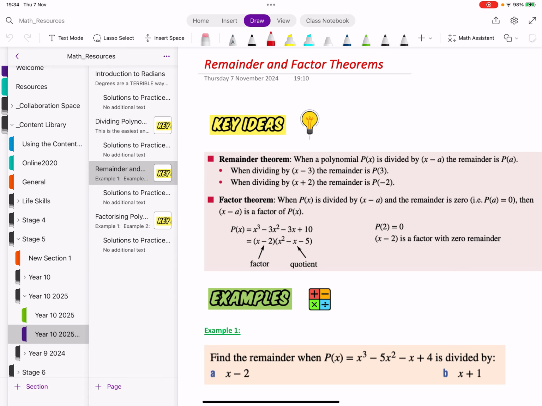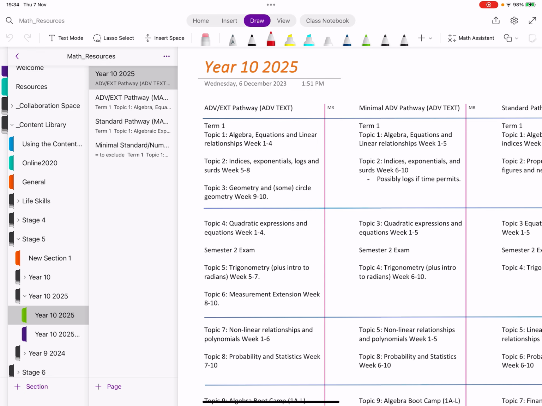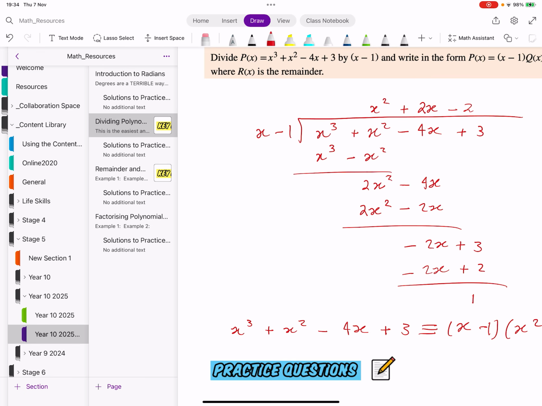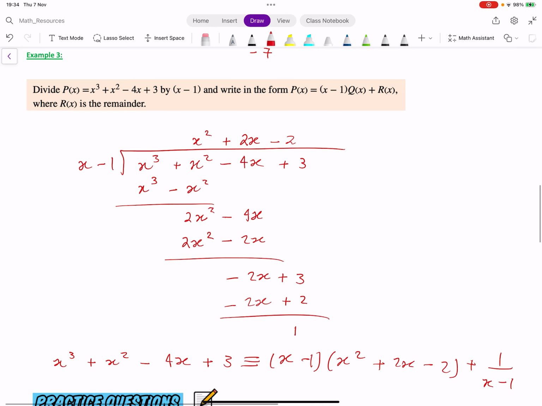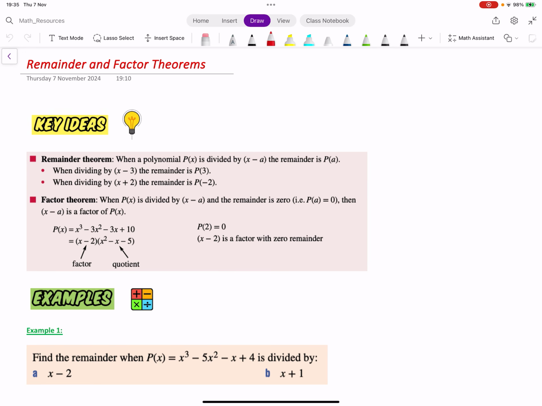So, for example, in this previous lesson, we divided x cubed plus x squared minus 4x plus 3 by x minus 1. But if I wanted to find the x-intercepts of this function, how would I know to divide by x minus 1? And the answer is we wouldn't really. The remainder and factor theorems help us pick what it is appropriate to divide by.